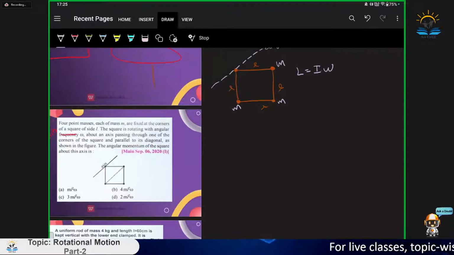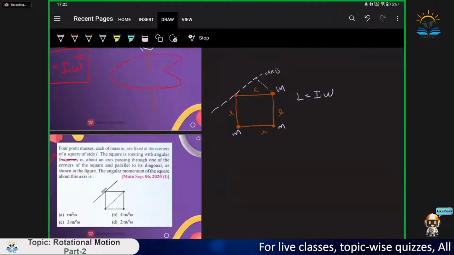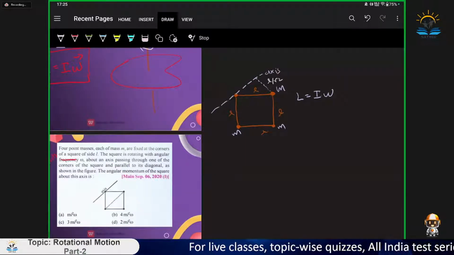If the sides are L, the distance of this mass from the axis is L by root 2.